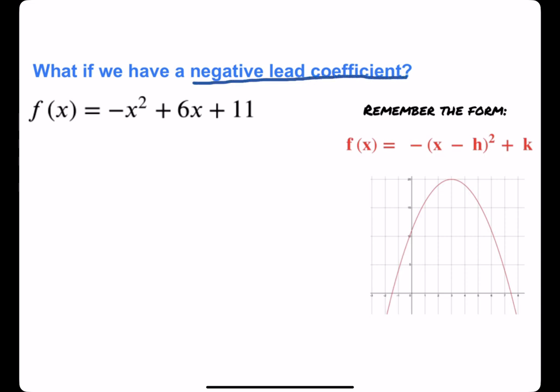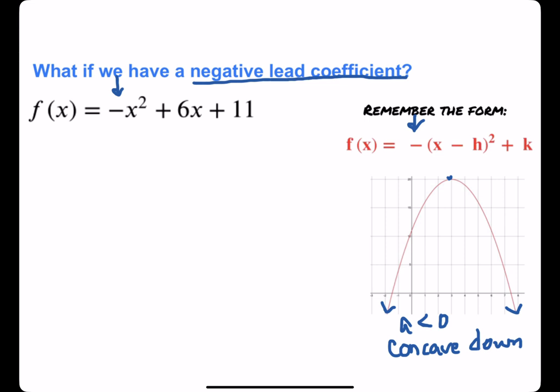Well, the first thing you need to remember is if your lead coefficient is negative, if your a is less than 0, your parabola is concave down. So anytime your lead coefficient is negative, your parabola will open downwards. So your vertex will be a max. It'll be at the top.